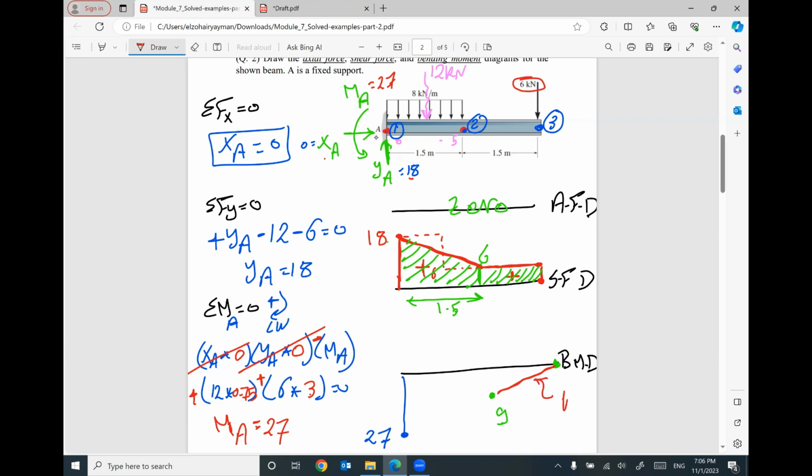This one is line. But between 9 and 27, I'm gonna draw a curve. This one is a curve. Why? Because you are connecting between two values through a distributed load. So if you have distributed load, your shear looks like line, inclined line, and your bending moment looks like a curve. Does that make sense?